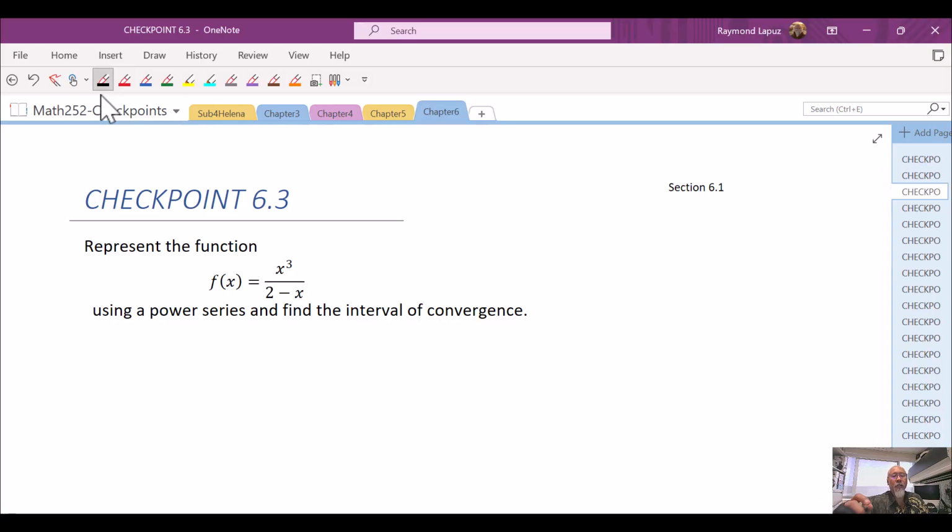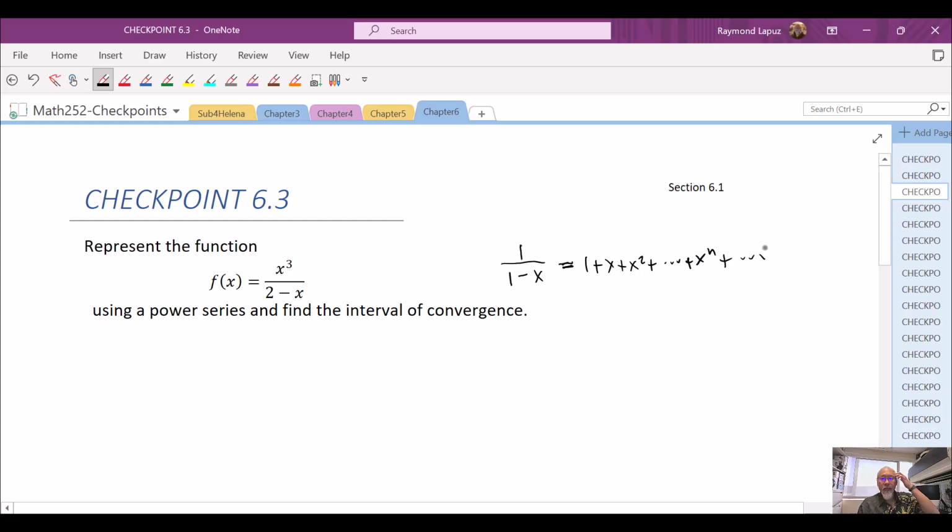I hope we know that the series 1 over 1 minus x is equal to, this is our geometric series, 1 plus x plus x squared plus dot dot dot plus x to the n plus dot dot dot.